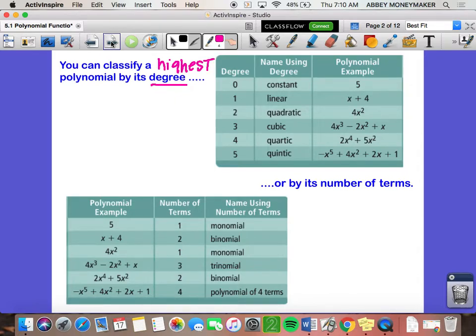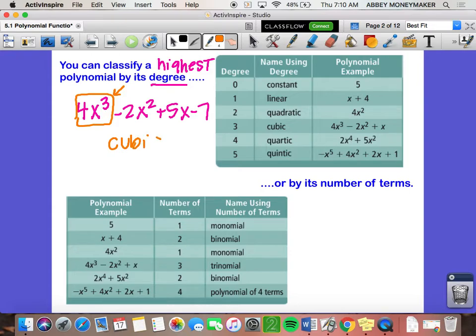So for example, if we used that 4x cubed one from the last example, we would look at the highest power and say, oh, that's 3, so this must be a cubic.